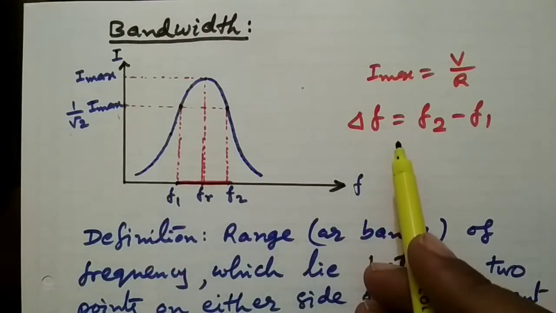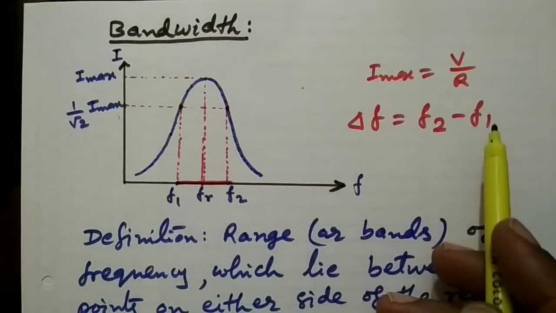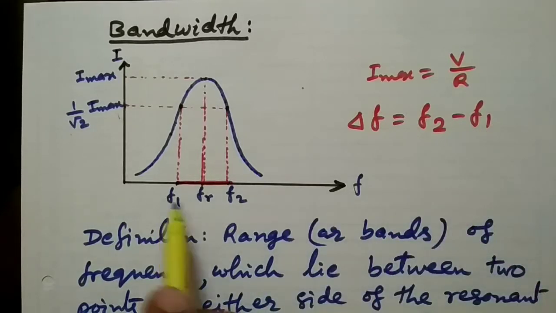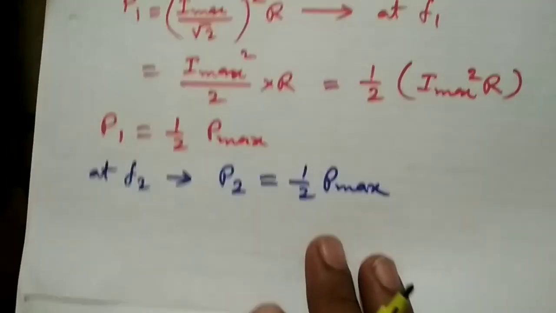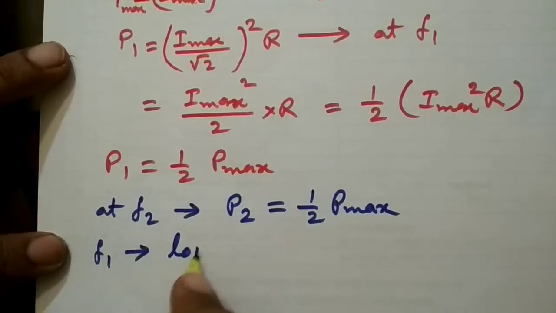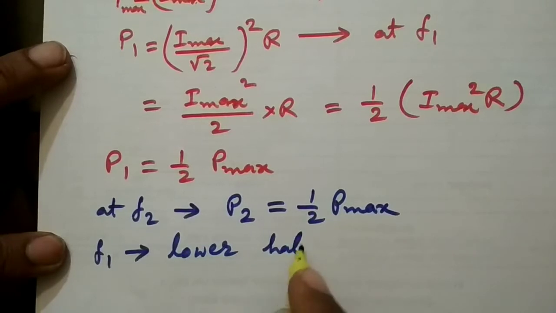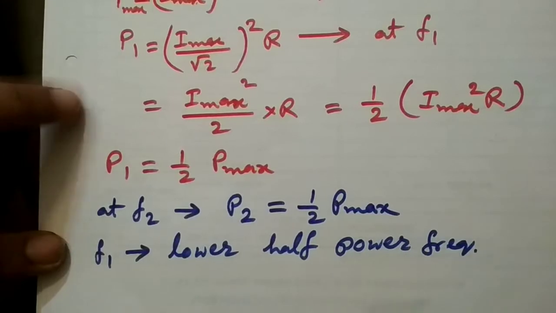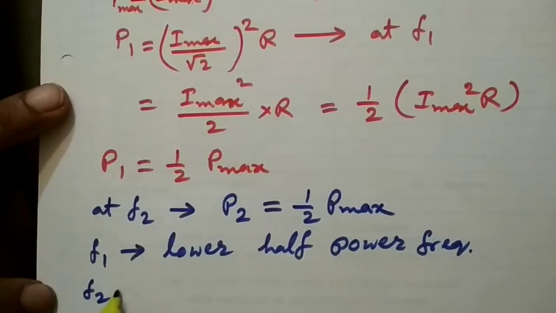So in the bandwidth, the range of frequency lies between 2 points, that is F1 and F2, and these F1 and F2 are called the half power frequencies, where F1 is called the lower half power frequency and F2 is called the upper half power frequency.